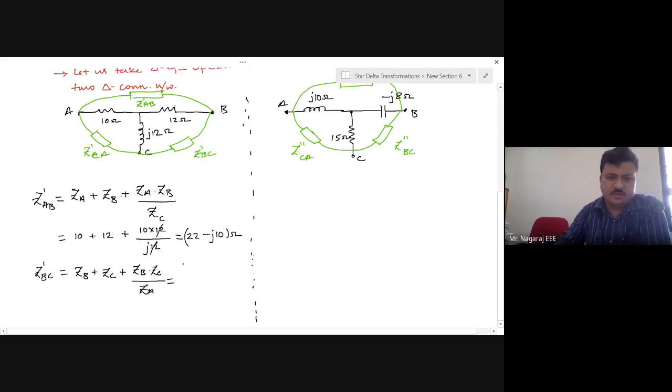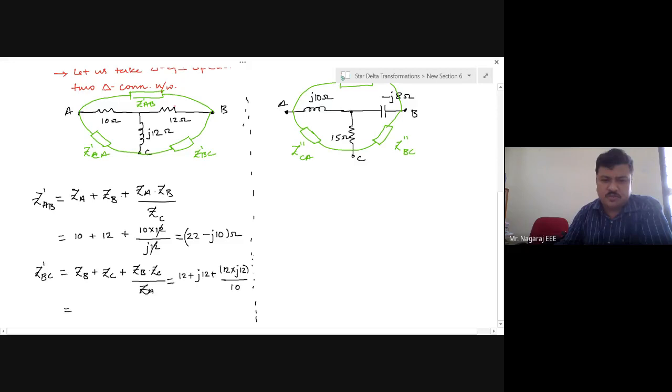So this will be equals to ZB is 12 plus ZC is J12 plus 12 into J12 divided by 10. 12 into 12 is 144 divided by 10, 14.4.